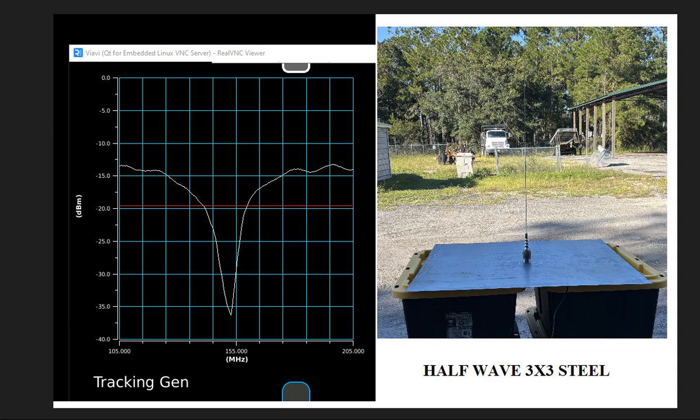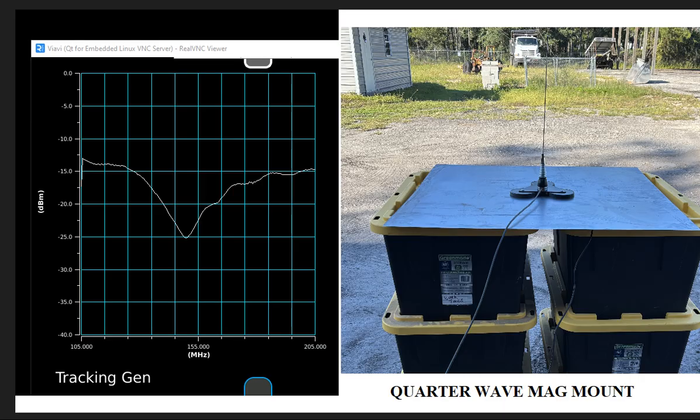Now we're going to go to the next one, which I just wanted to show you since we're on the steel, the quarter wave mag mount. It's not quite as good as the hardwired one, but it's still really good. But don't be fooled by mag mount as far as using it as a transmitter.